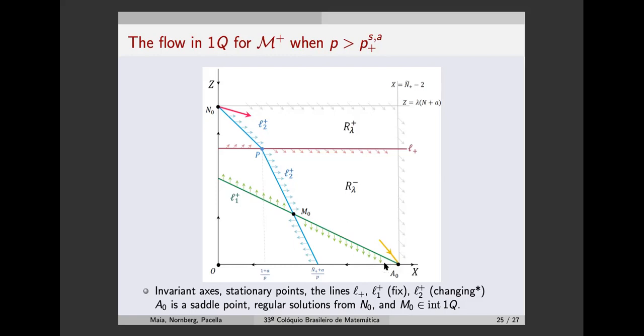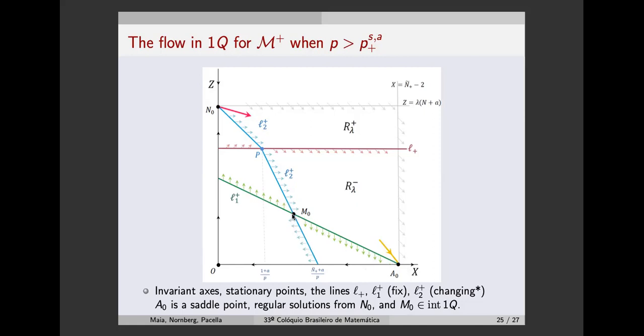At A0, the horizontal line is unstable, so all the trajectories exit A0, and there is a direction which has negative eigenvalue, and this eigendirection points towards A0 in the stable manifold, in the stable line.